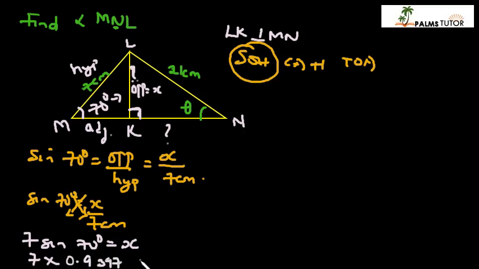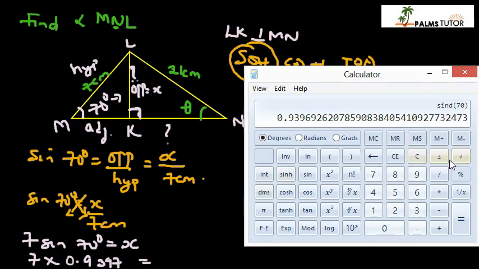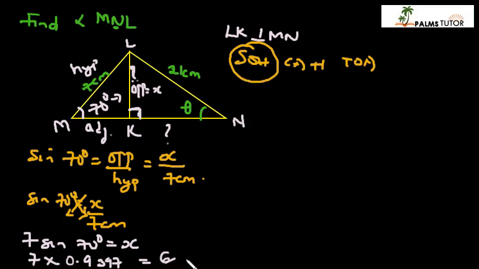That multiplied by 7 gives 6.58 when rounded to 2 decimal places. So X is 6.58 centimeter.